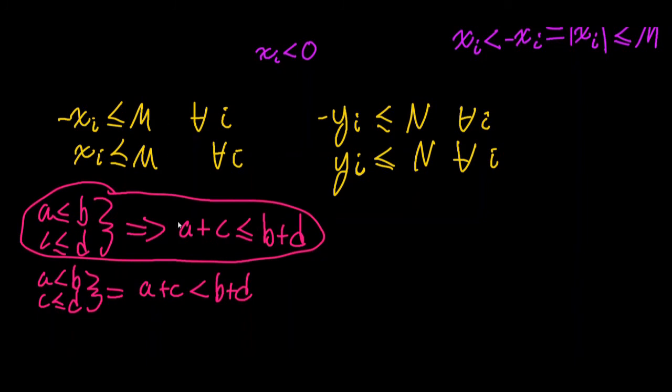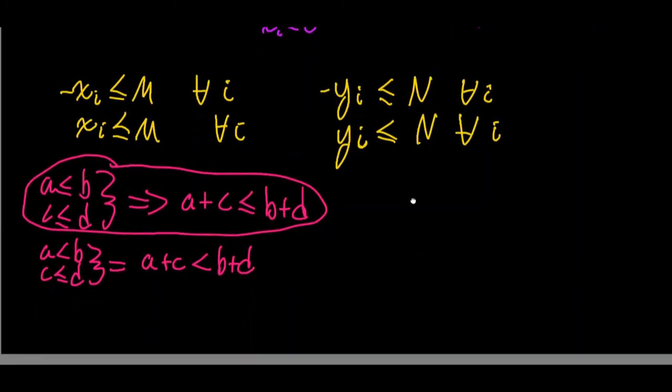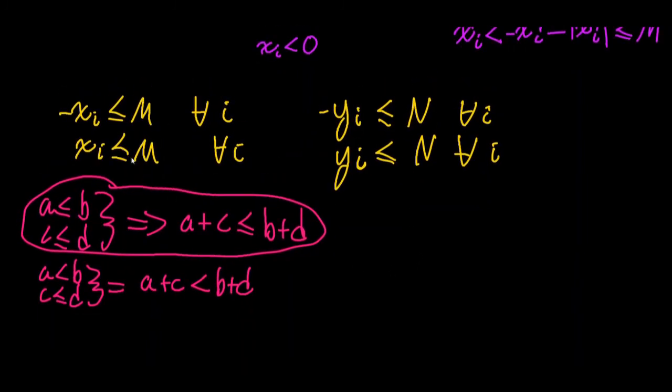And look at what we have here. Since xi is less than or equal to M and negative yi is less than or equal to N, then xi plus negative yi, which is equal to xi minus yi, is less than or equal to M plus N. And we can say the same thing going in a different way.